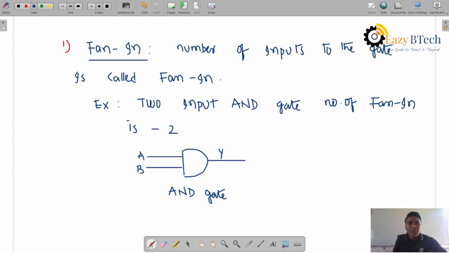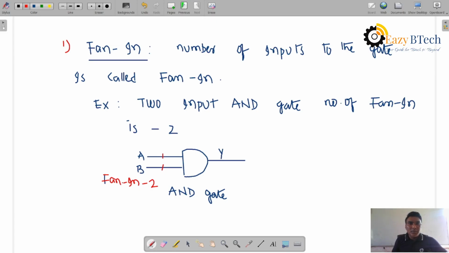So these two inputs are called fan in, fan in 2. Two inputs are connected to this AND gate. For any logic gate, the number of input terminals connected to the gate is called the fan in. So if it is a 2 input AND gate, the number of fan in is 2.